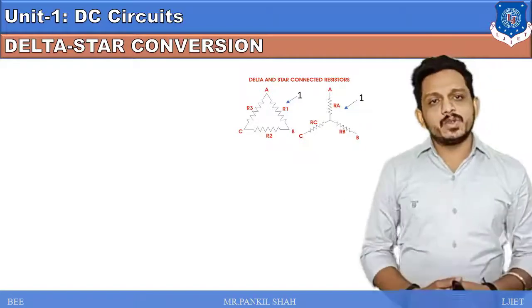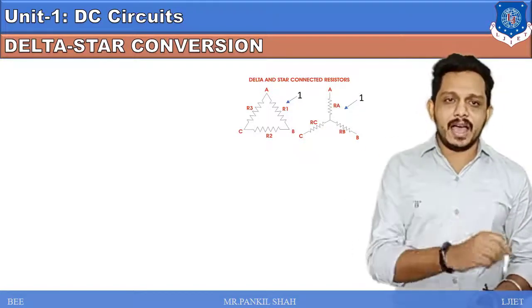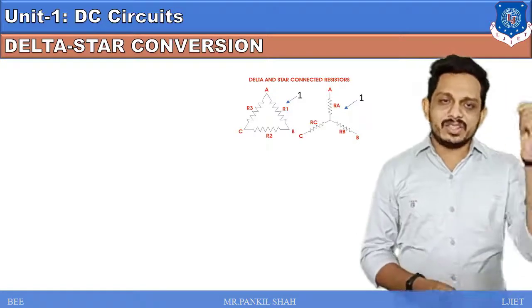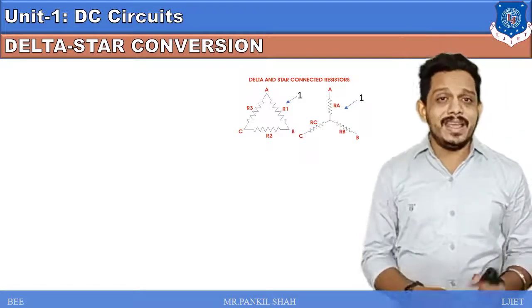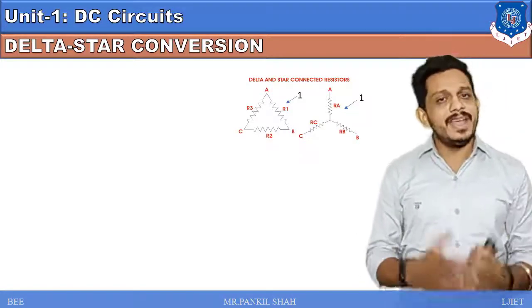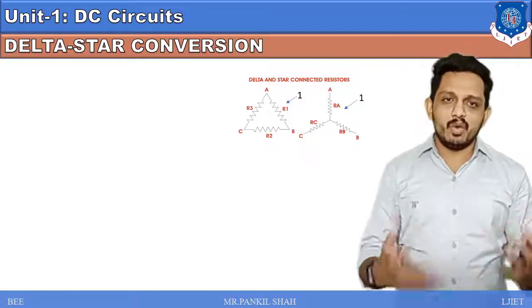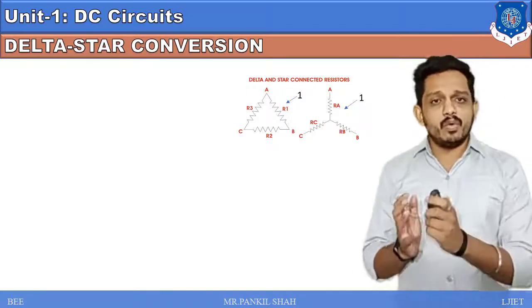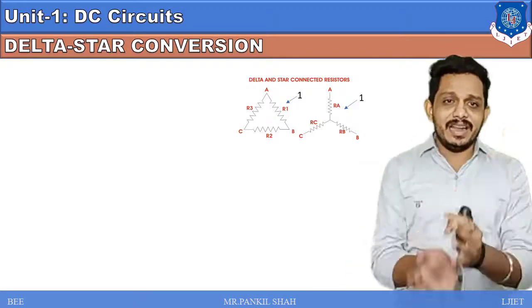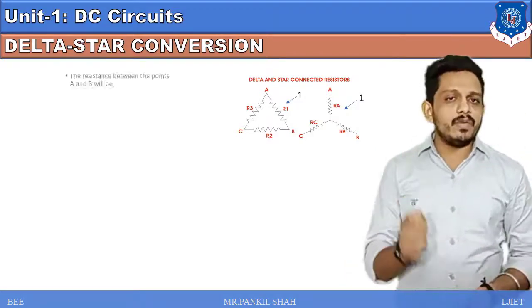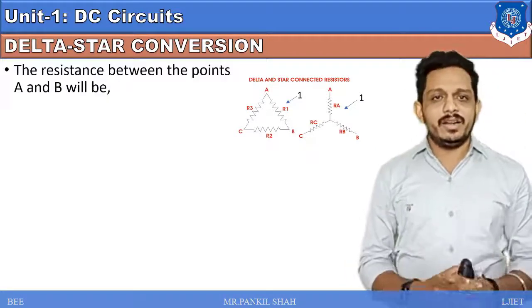And in case of star, there are resistances RA, RB and RC. RA is the resistance connected with the first node A, RB is the resistance with node B and RC is the resistance with node C. So we want to convert this delta network into star. So what will be the equations of these three networks?